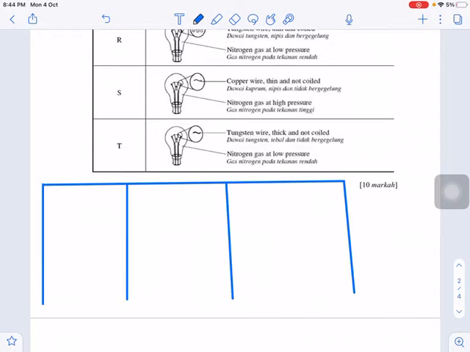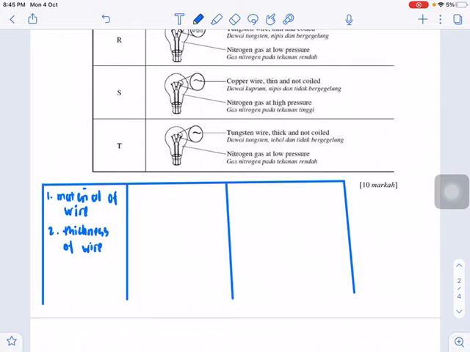Okay. So aspek yang pertama is the material of the wire. Aspek yang kedua dia punya thickness of wire, filament.